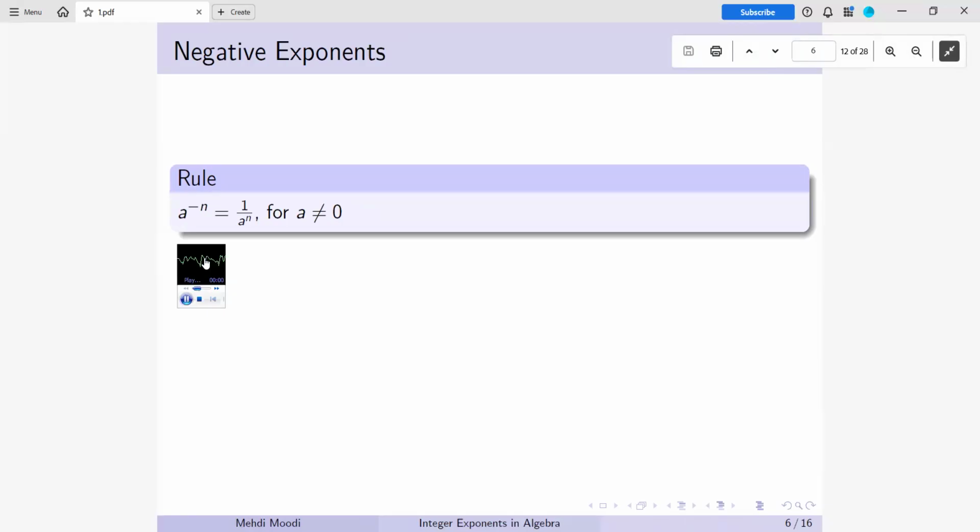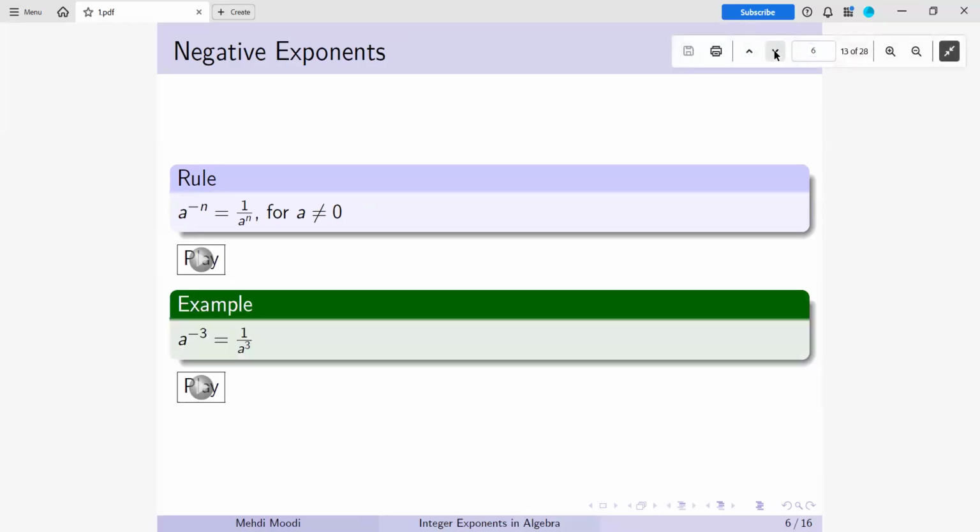A negative exponent means we take the reciprocal. Ironically, introverts find it difficult to reciprocate. For example, a to the negative 3 becomes 1 over a cubed.